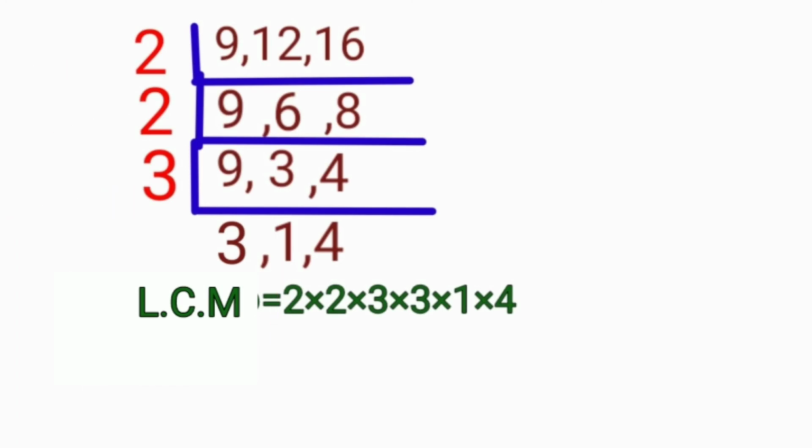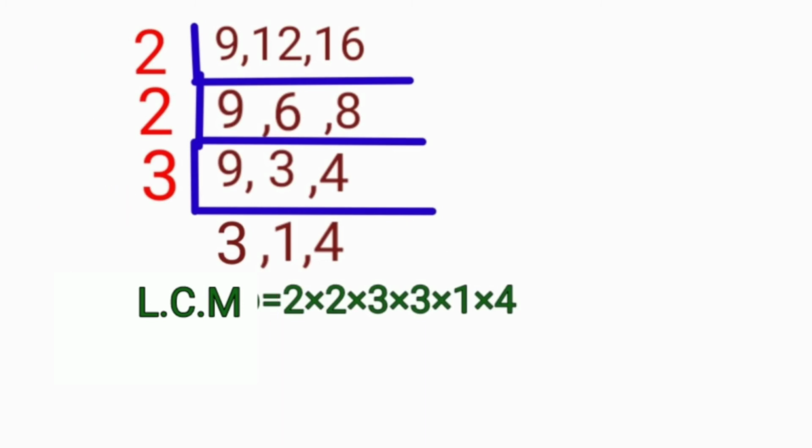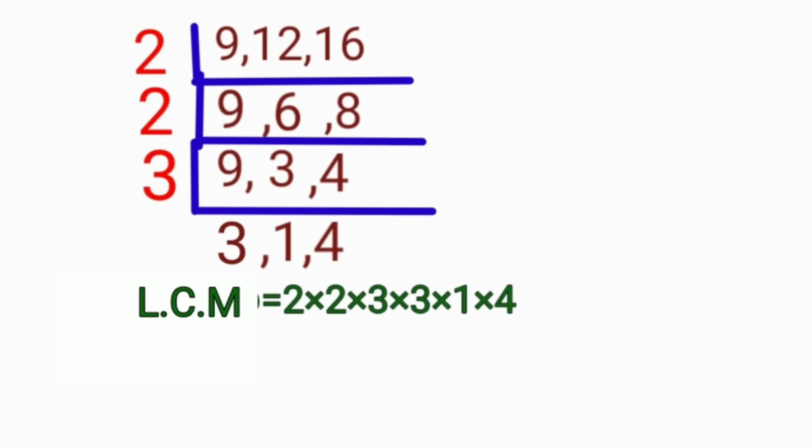To find the LCM, we multiply all these numbers. So LCM is equal to 2 into 2 into 3 into 3 into 1 into 4. Let us multiply. 2 2's are 4 into 3 3's are 9 into 1 4 is 4.